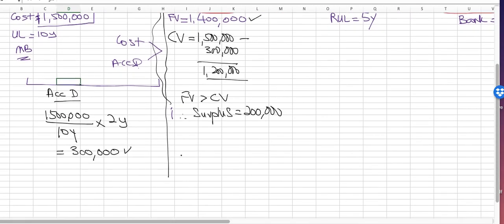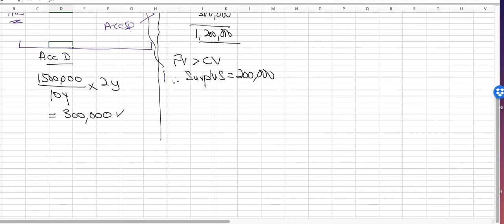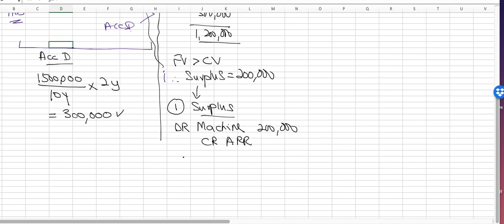What is the entry for surplus? Like I mentioned previously, we have two entries. One is to recognize the surplus. So surplus means you will increase the value of the asset. So you will debit machine, or you can put debit PPE. Credit ARR because this is surplus. So 200,000. What is another entry?